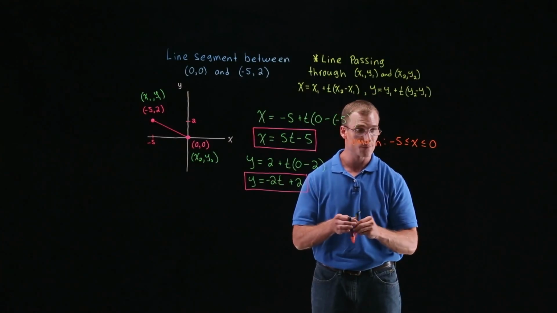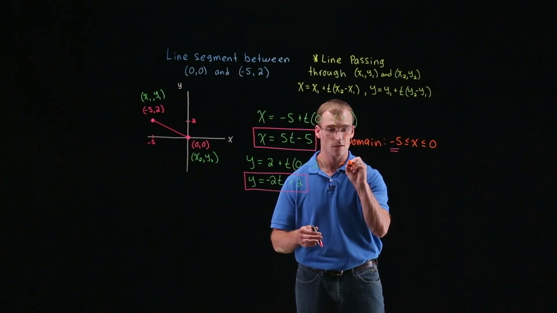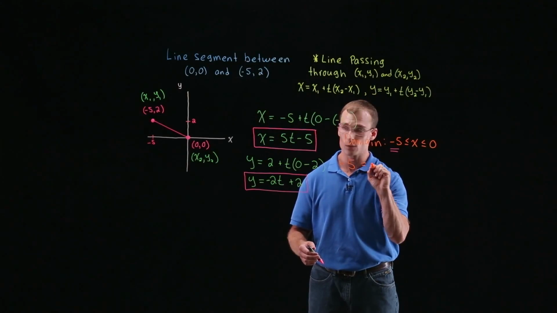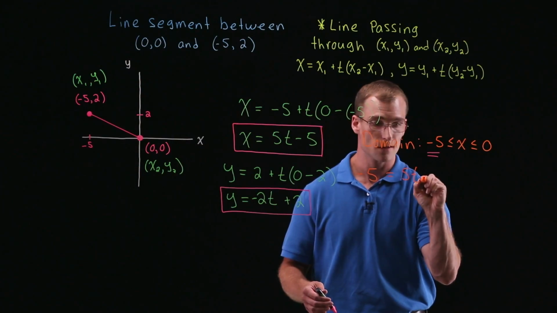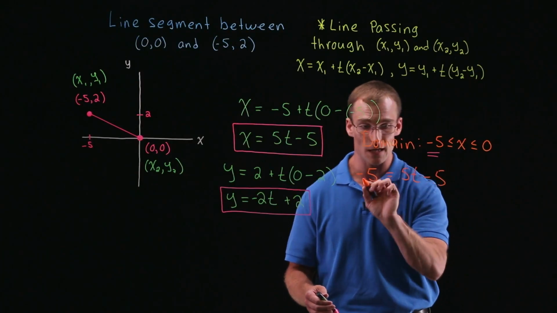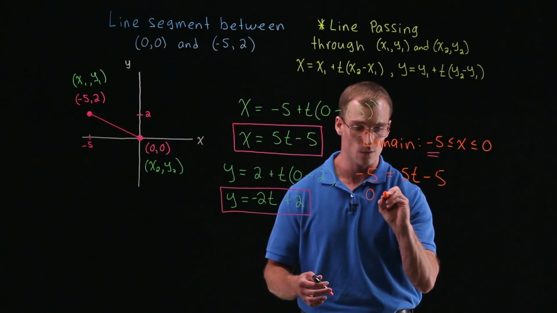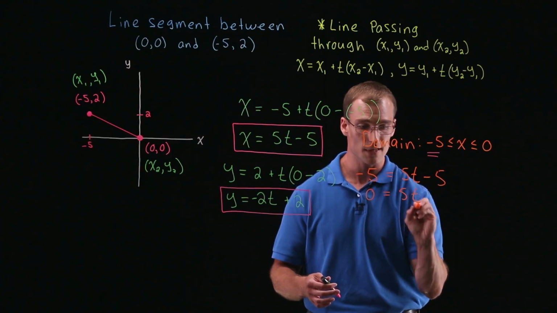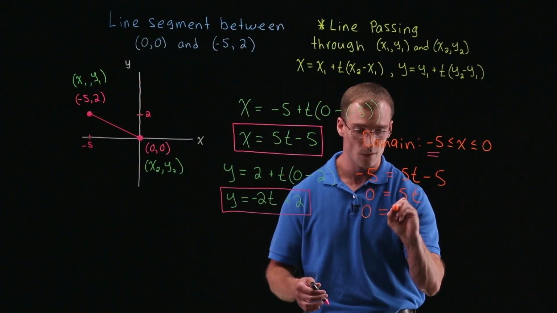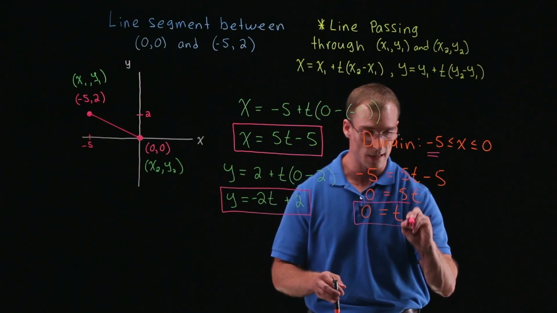Starting at the end, when x is negative 5, negative 5 equals 5t minus 5. Adding 5 to both sides gives us 0 equals 5t, and dividing through by 5, 0 divided by 5 gives us 0. So we get t equal to 0 when x is equal to negative 5.